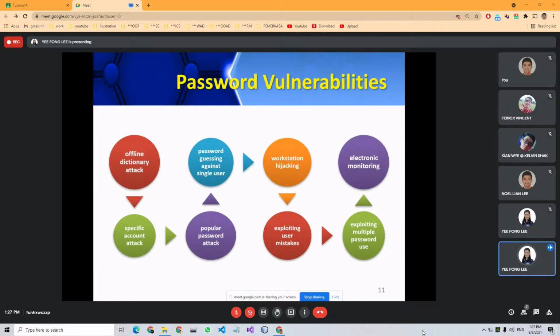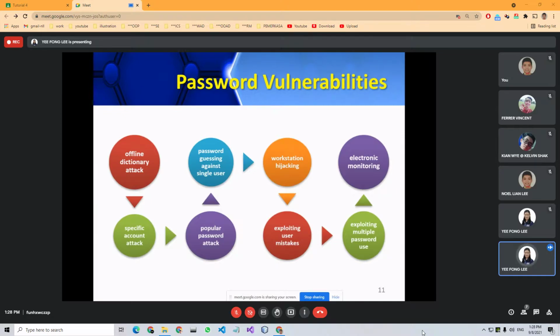So this might give a chance to the attacker. Once they access the network, once they access one of your devices, they might use a similar password for your other devices. So how to countermeasure? Try not to use the similar password for all your devices.